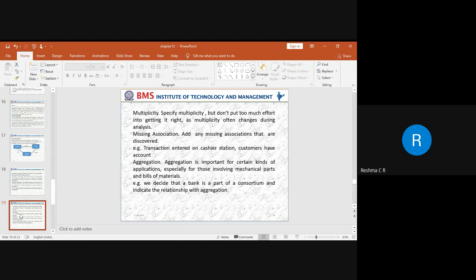Next, we use the multiplicity. The multiplicity indicates the number of instances, how much participation is being taken care of. We need to specify the multiplicity, but we should not put too much effort while indicating it, as it often changes during the analysis.